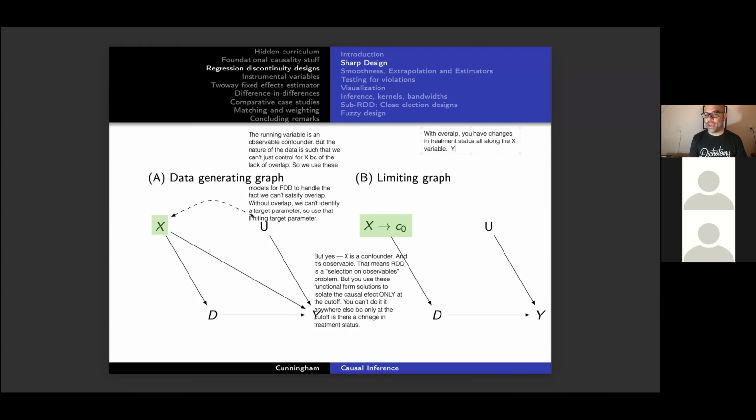You have it everywhere because you have units in treatment and control for all values of X under overlapping types of problems. But in RDD, you don't, because the boss uses C0 to make decisions about which units get treated.